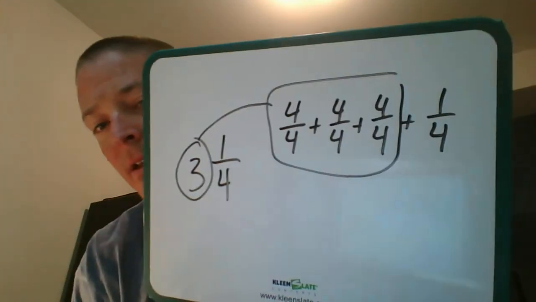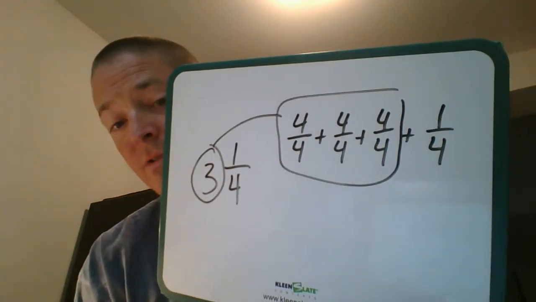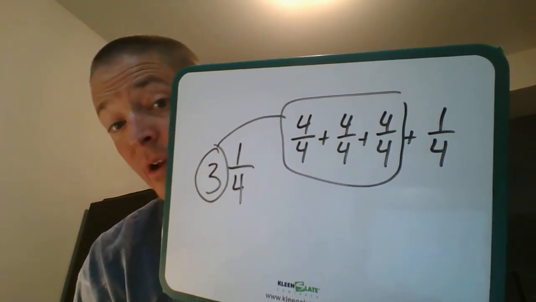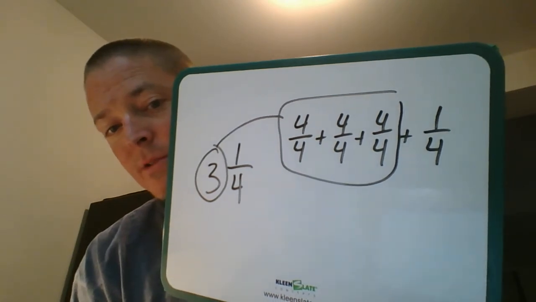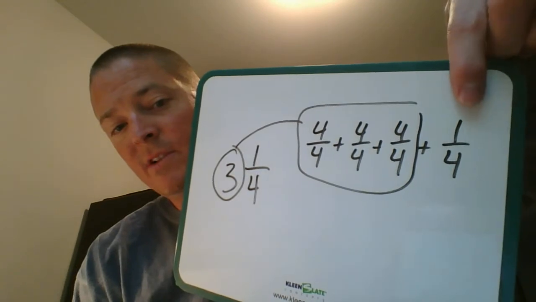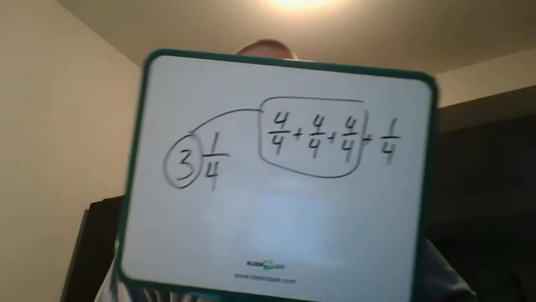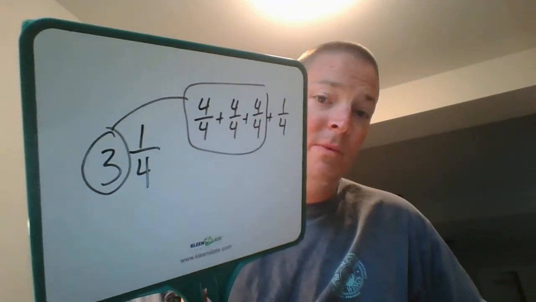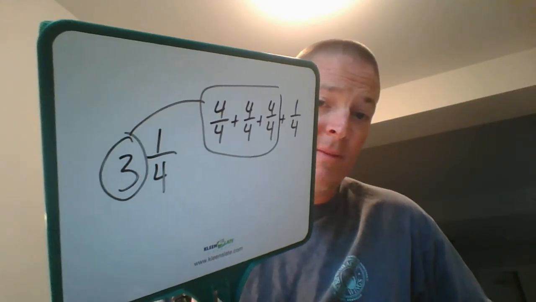Okay, so all of those 4/4 came from that 3 wholes, right? 4/4 is one whole, and I did 3 of them to make 3 wholes. So there's my 3 wholes, and then there's my leftover. Now, what's cool about this is we're going to add these fractions up, but we already have a common denominator because we set it up that way.